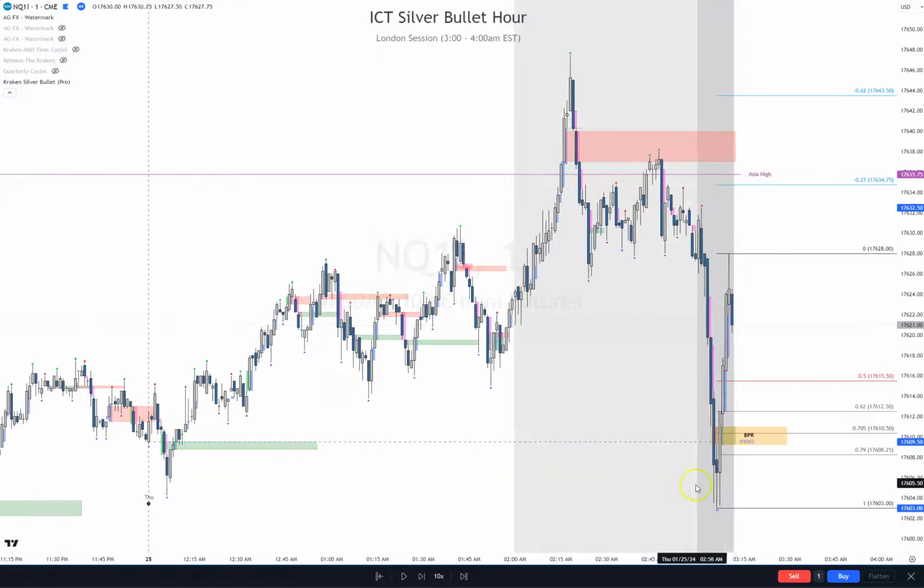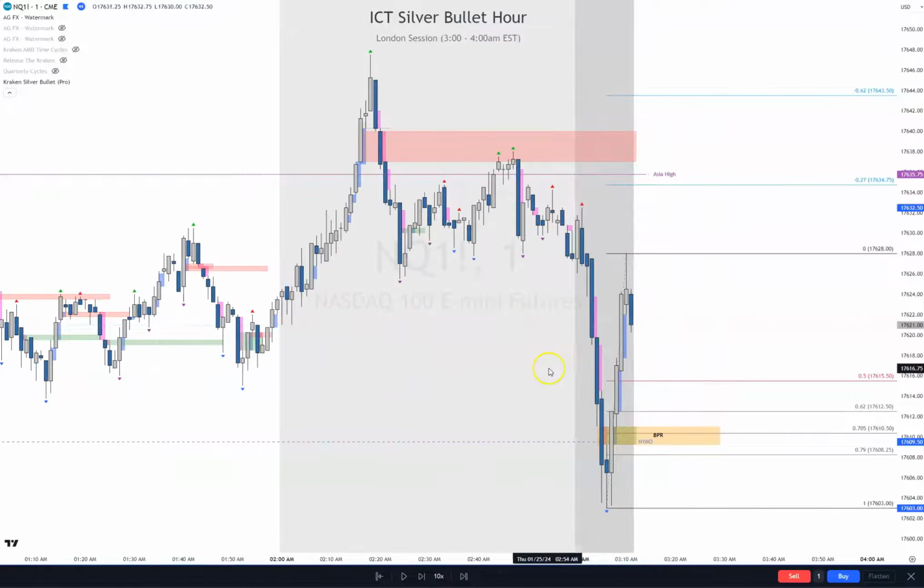External, we took internal. Now my gut tells me we're going to go to external. External liquidity goes to internal, which we took all this internal liquidity here, and now price eventually will go back to external, take out this high. But we have two forces pulling against each other, so we'll have to see what happens here.